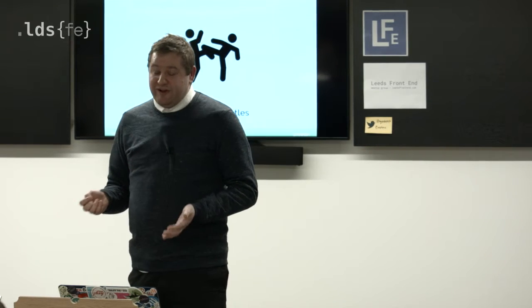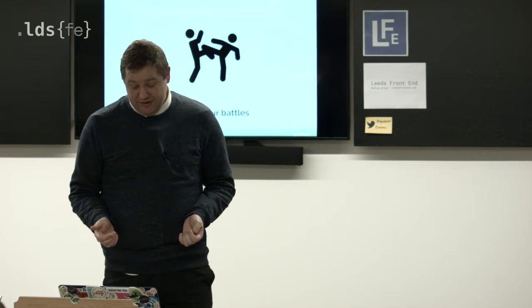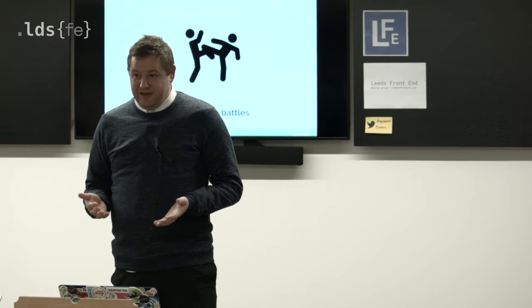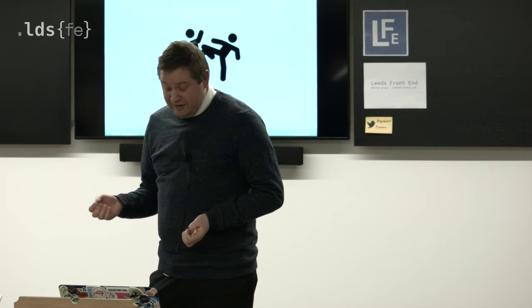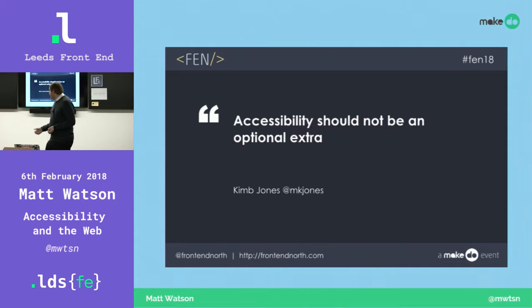And a lot of the time, if they realise that the ownership of that risk or that issue is on them, they might soon back down because it is, after all, a legal thing. You do have to comply with the Disability Act. So just to go to the point I opened this with, accessibility should not be an optional extra. It should be something embedded into what you do.